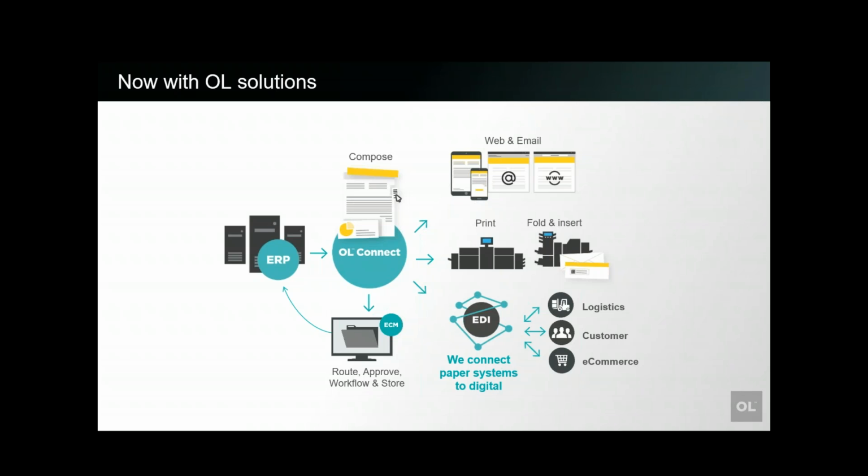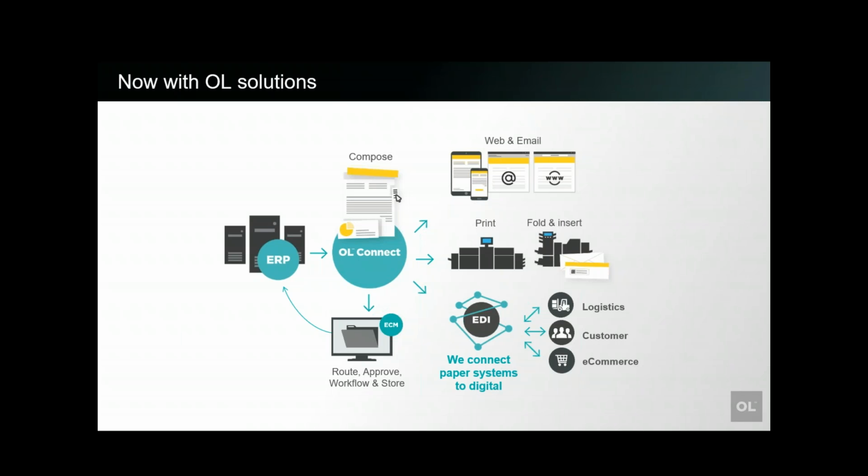At the same time, Connect is responsible for sending the invoice to several locations: printout, EDI networks (electronic data interchange networks), storing the documents in archive systems, or sending them via email or web to the customers.